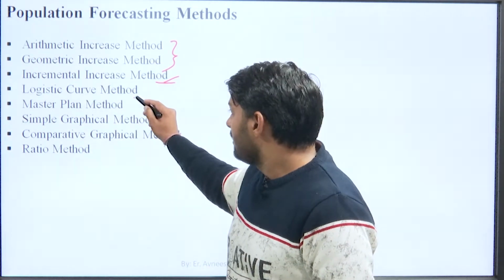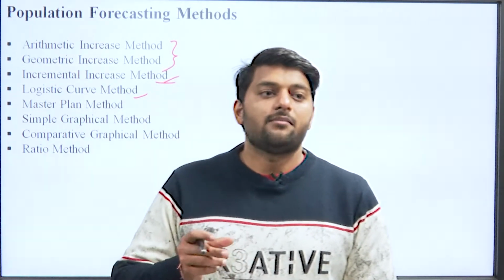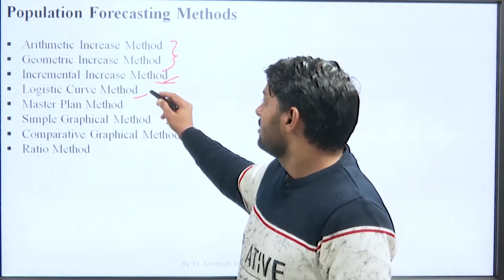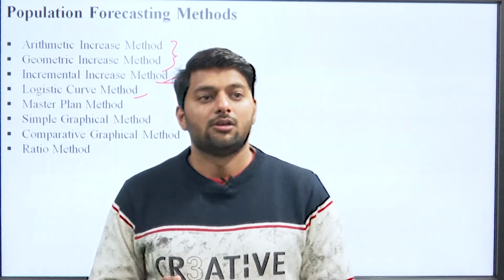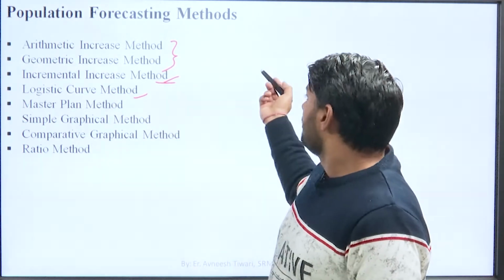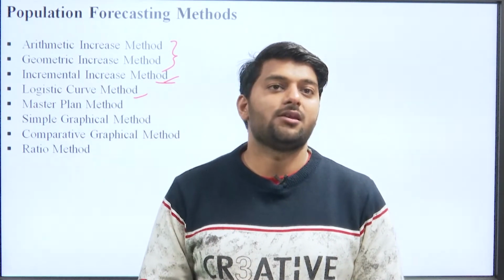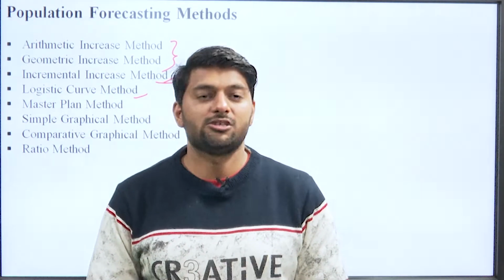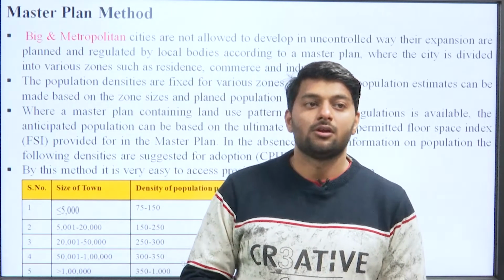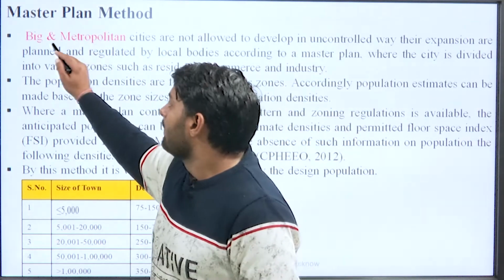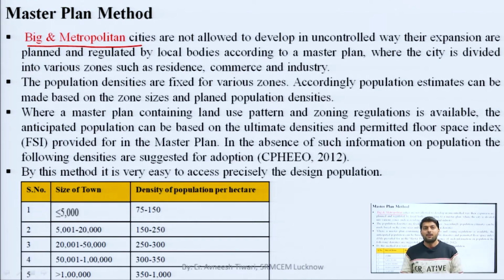And in the next method, the logistic curve method, it came into notice that this method is based on an ideal population growth curve, and we have concluded certain expressions using which we can easily estimate the population. Coming to the next method, the master plan method. This method is applicable for big and metropolitan cities.